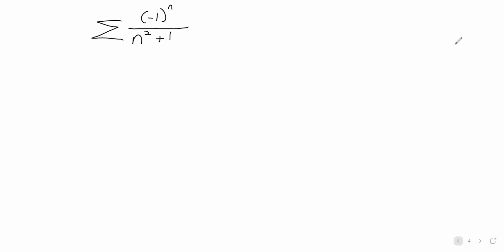And I look at this, and well, we do have an exponential. We've got -1 to the n, but n squared plus 1 isn't really exponential. Still, what happens if we use the ratio test? I mean, there's nothing stopping us from trying.